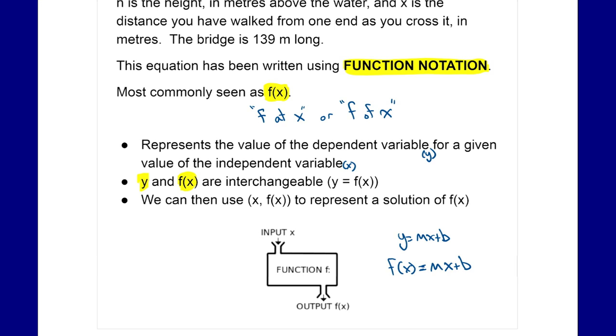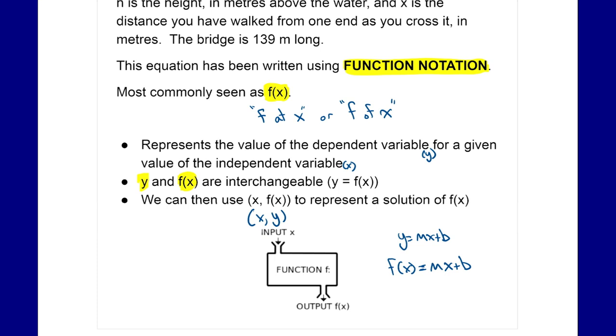Okay? And we can use x, f at x to represent a solution of f at x. So sometimes we might have a coordinate or a point for a function, an x and a y. We could just say x and f at x instead. So again, it's just different notation that you may come across if we're dealing with functions.